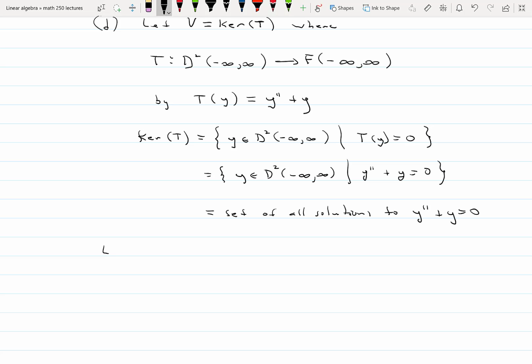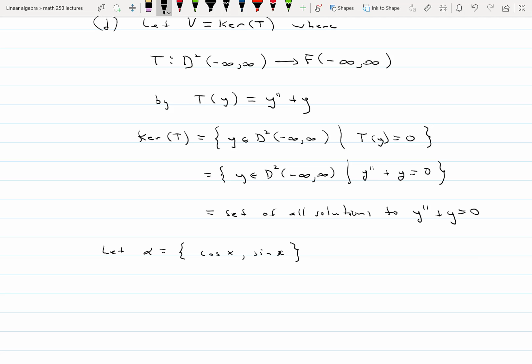Let's let the basis vectors for this vector space be cosine x and sine x. Our second order differential equation has a general solution, c1 cosine x plus c2 sine x.